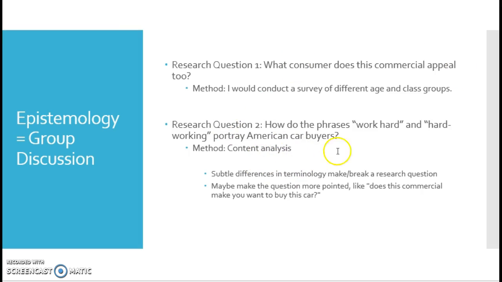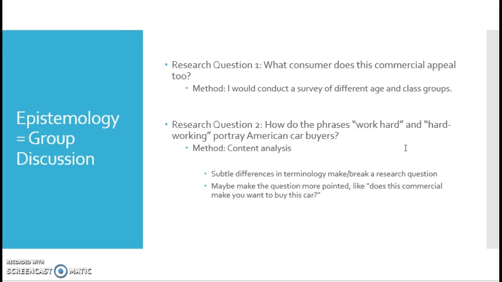The second one: how do the phrases work hard and hardworking portray American car buyers? Again, the terminology we might want to tweak in a question like this, but I think it's obviously sort of asking about the content, right? In this case, we're not necessarily asking how audiences feel about these concepts, hard work or working hard.